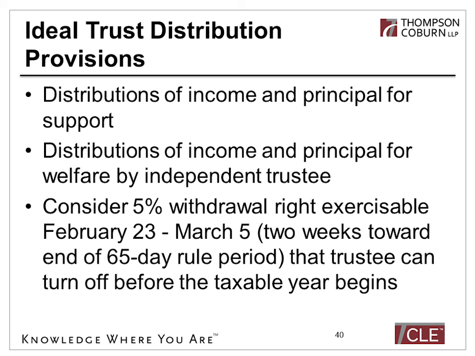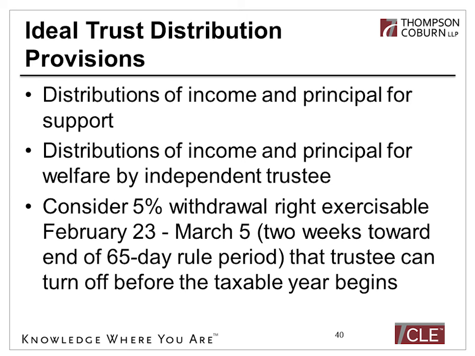We also may allow distributions for welfare, even in those trusts that are intended to be excluded, if we allow the appointment of an independent trustee, and that's somebody that's not a related or subordinate party who can make much broader distributions for the welfare of the beneficiary.